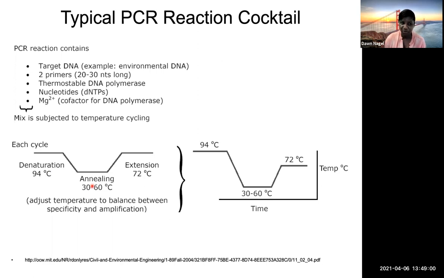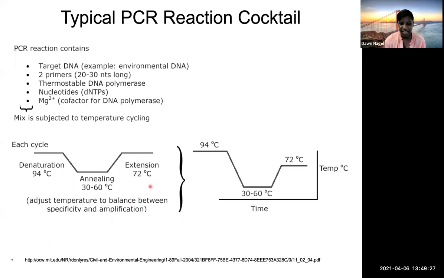All of that is going to be important. And the extension is also going to depend on your polymerase. The optimal activity for many polymerases, meaning the temperature it can function efficiently at, is usually 72 degrees Celsius for most polymerases. And that is just how quickly it's able to add nucleotides to the piece of DNA.